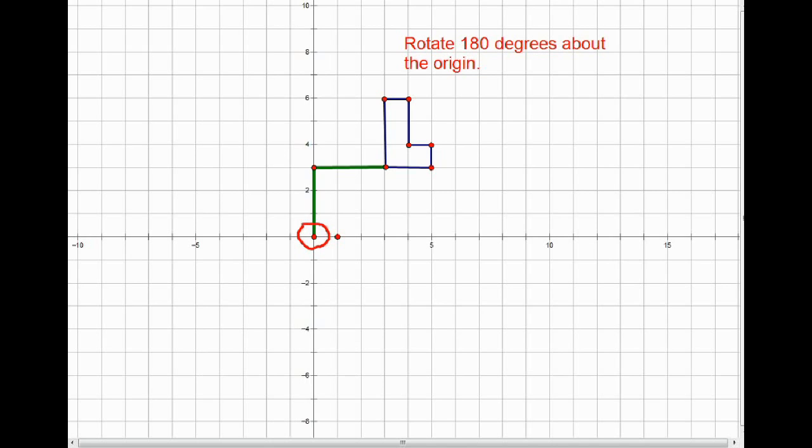And when we have a half a turn, it doesn't matter if we go clockwise, a half a turn, or counterclockwise, a half a turn. Either way, you end up at the same point. So if we turn that blade 180 degrees, a half a turn, it ends up looking something like this. So now you can see I've taken that blade and turned it half a turn, 180 degrees.